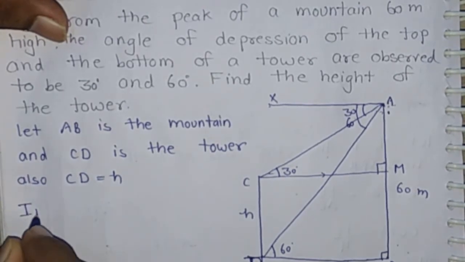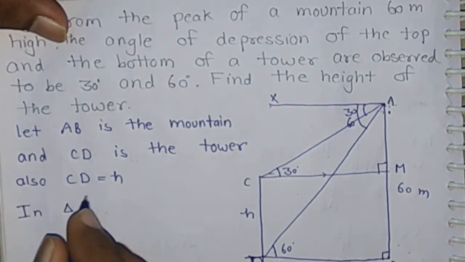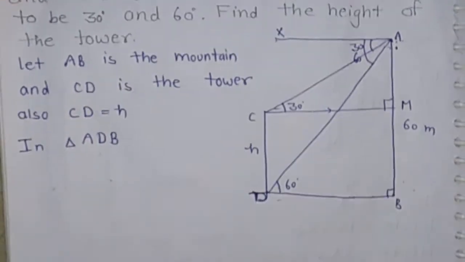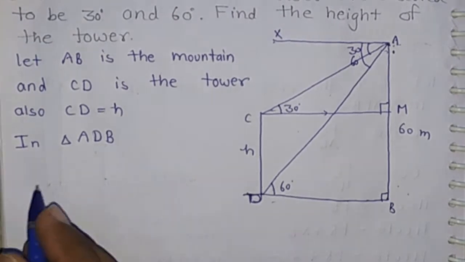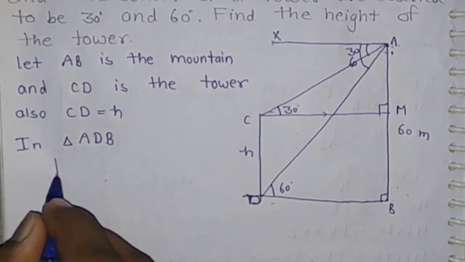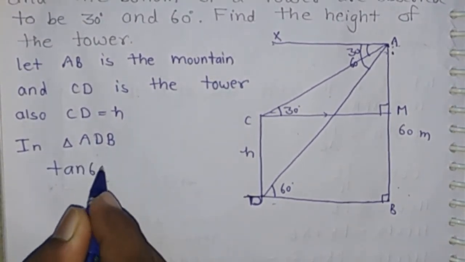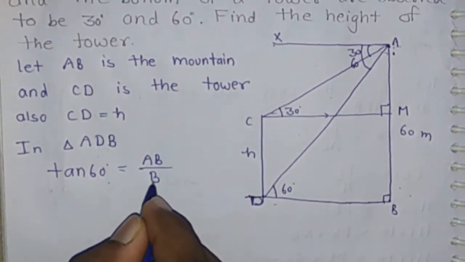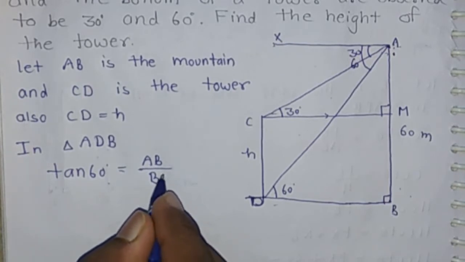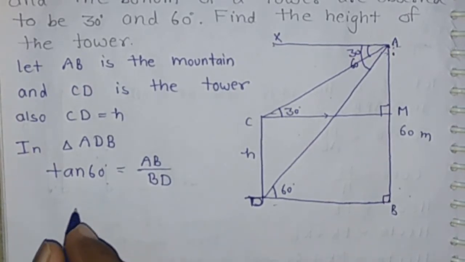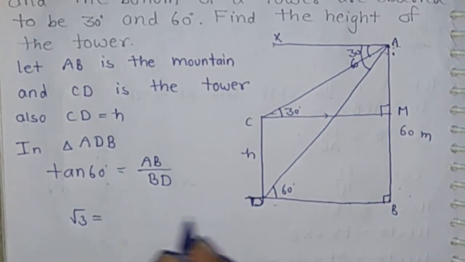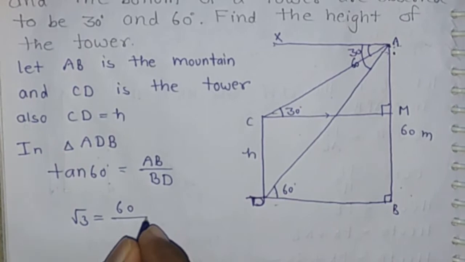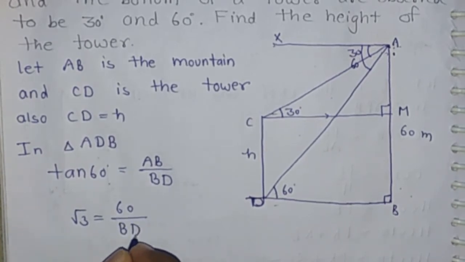Now in triangle ADB, apply tan 60. Tan 60 degree is perpendicular upon base. Value of tan 60 is root 3. AB is 60 meter and BD is unknown.